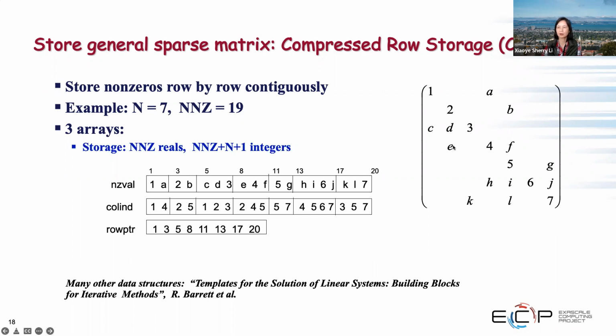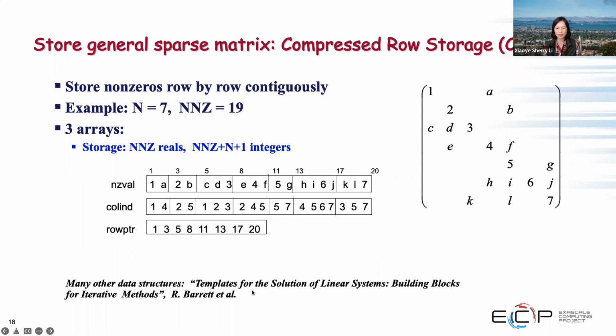It's in the second column. And for each of these non-zeros you have a corresponding column index, and then you have a row pointer to point to the starting position of each row. And as you can imagine, because this is row-wise storage, it's good for algorithms which traverse the matrices by row, okay?